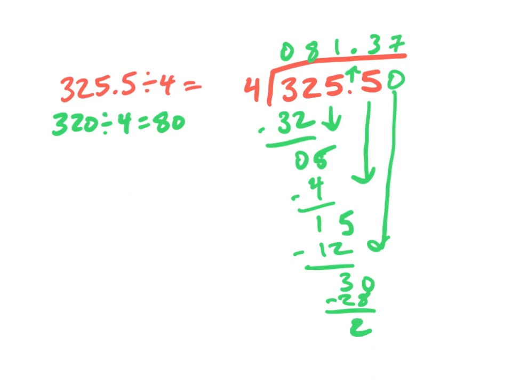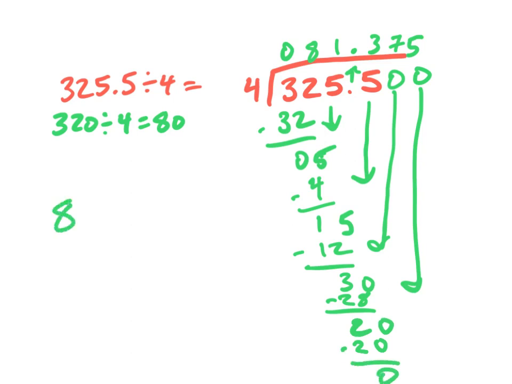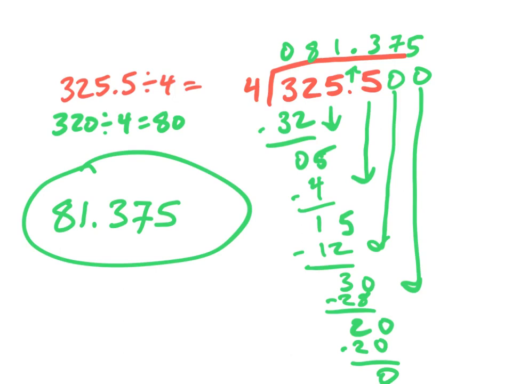Which leaves me with 2, and I can add one more placeholder 0 to bring down, make this 20. 4 goes into 20 5 times, even, and I'm done. So my final answer, my quotient is 81 and 375,000. So pretty involved, but very close to my estimate of 80.